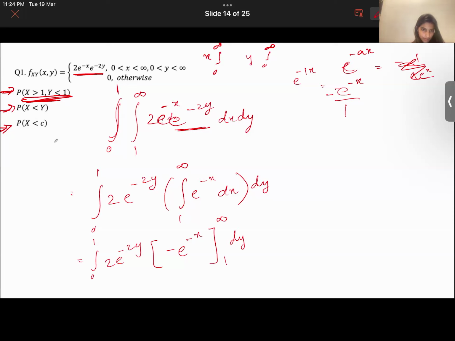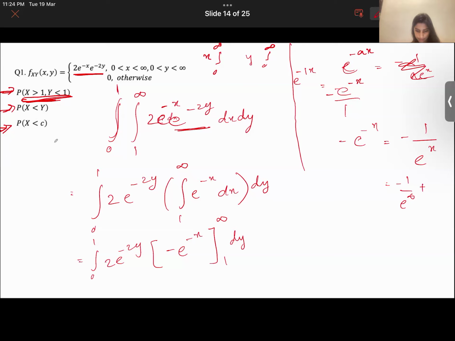Let me make it simple. Minus e power minus x is basically minus 1 by e power x. When you apply the limits, you get minus 1 by e power infinity, which is close to 0, so the first term becomes 0.